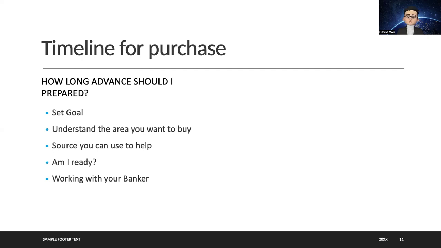When I say make sure you're ready, don't just save enough for your down payment. I didn't buy a brand new home. I bought a house that people owned before. It cost me an extra $20,000 right after I purchased it to do some fixer-upper work.